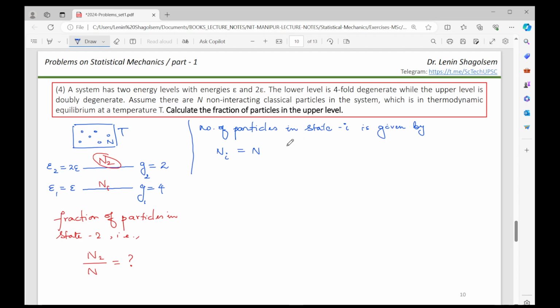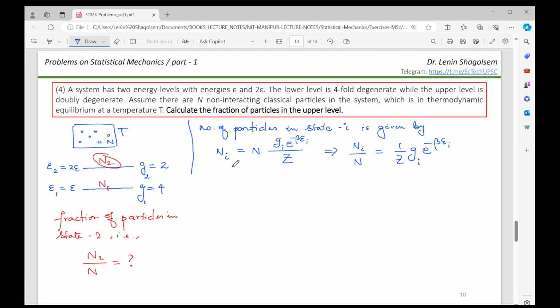We have already seen that this was g_i e to the minus beta epsilon_i divided by our partition function. This is how our expression for the number of particles in a particular state looks, and the fraction would be simply n_i divided by n, which leaves us a very simple expression: g_i e to the minus beta epsilon_i over the partition function.